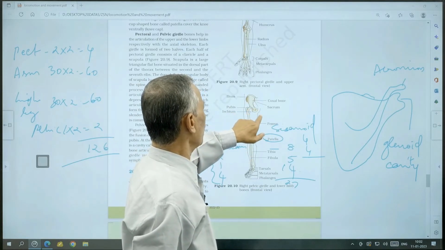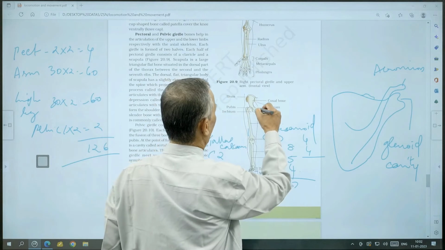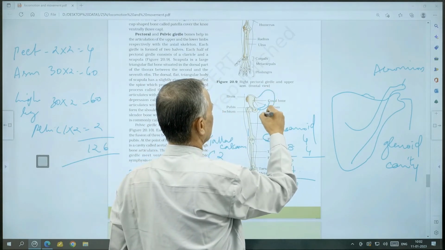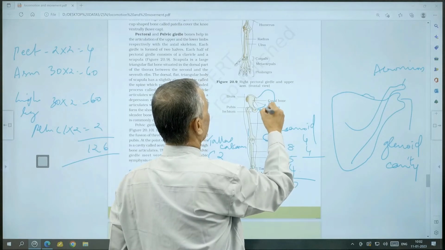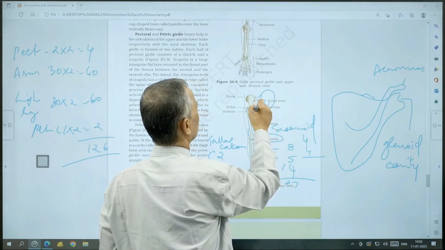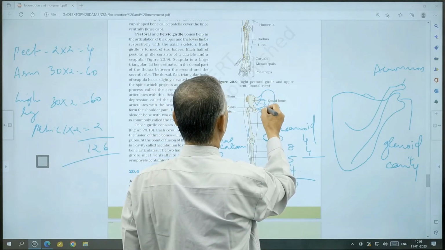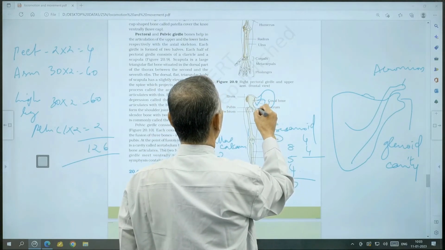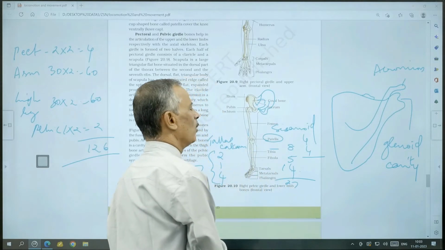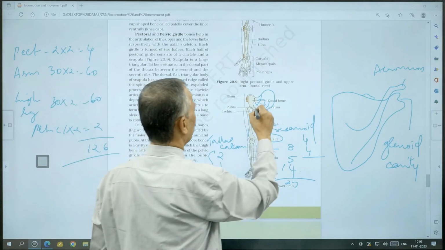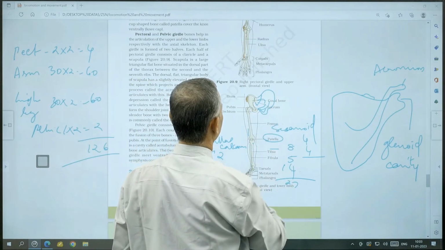Ventral one is pubis. The pubis of either side are fusing. This is the full diagram. Just understand. This is ilium. Pubis of either side meet and fuse to form what is called the pubic symphysis. They are connected together by a cartilage here.